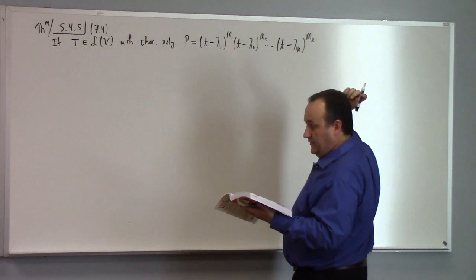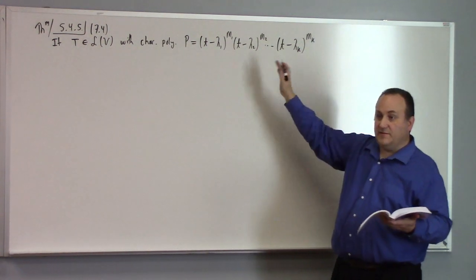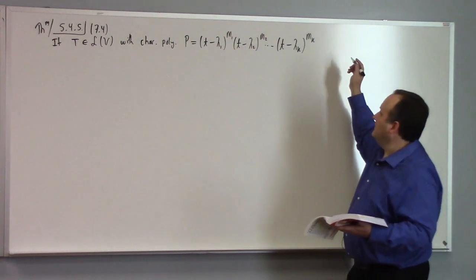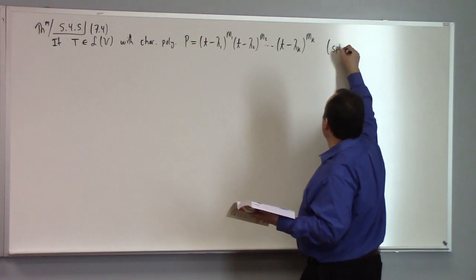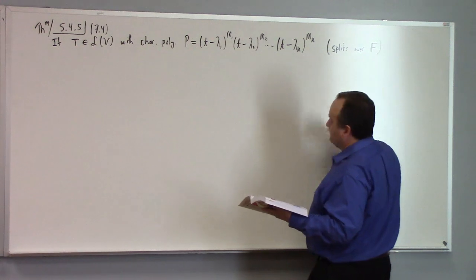So this is the context. We're looking at a linear transformation with a characteristic polynomial that completely factors over the given field. So it's said to split over F, okay?